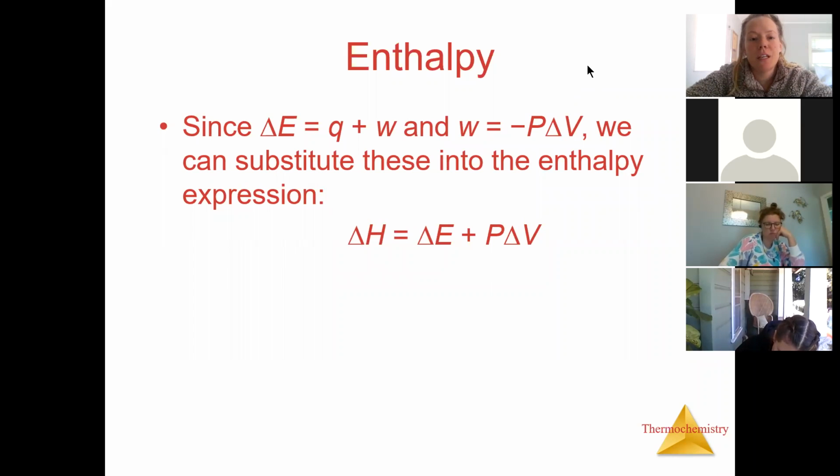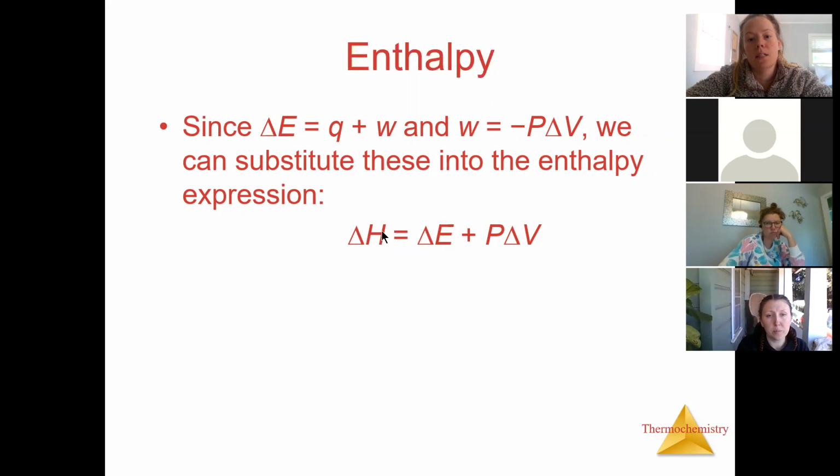And then they do some algebra trickery here. So we know if delta E is equal to Q plus W, and W, which we have here, is equal to negative P times the change in volume, we can substitute these into the enthalpy expression. So we've got our delta E, and if you see that right there, that would sit in here. These two are the same things, right?